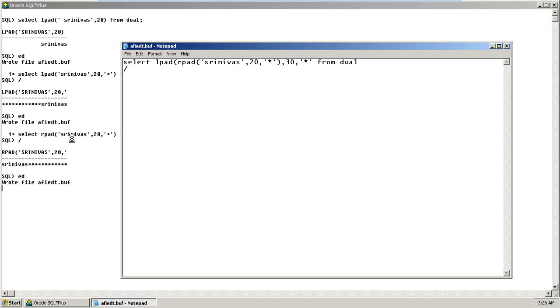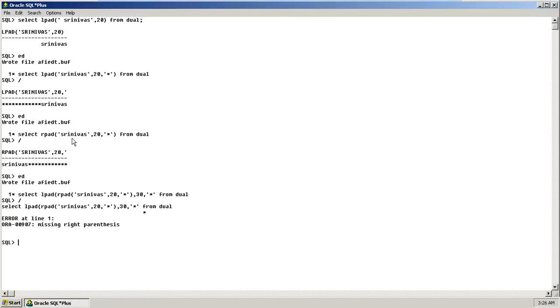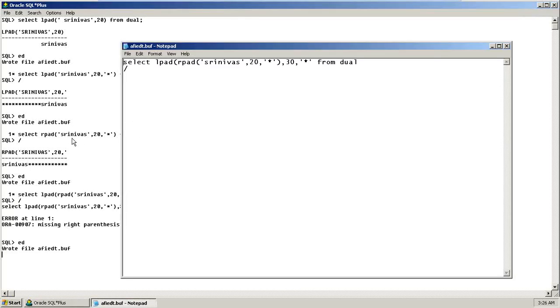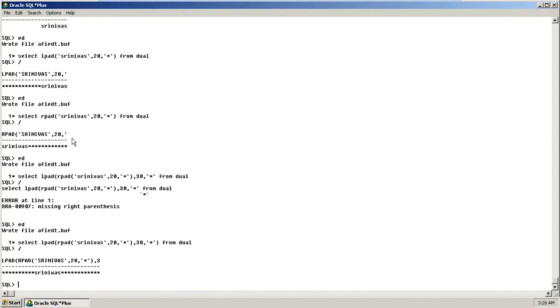Of course, even you can use hash, @, dollar, any special character you can use. Sorry, I did not close the parenthesis properly. So like this is the LPAD function and RPAD function. So LPAD and RPAD combination I am making. If at all you want to padding, you can go for these functions. You can use this LPAD and RPAD. Okay.